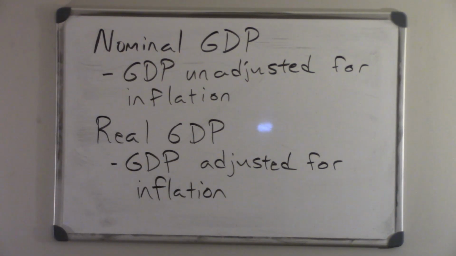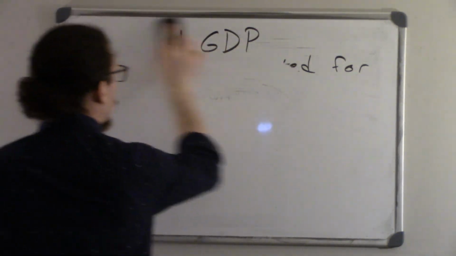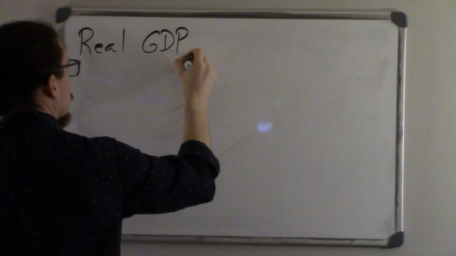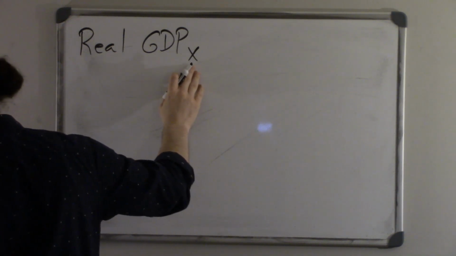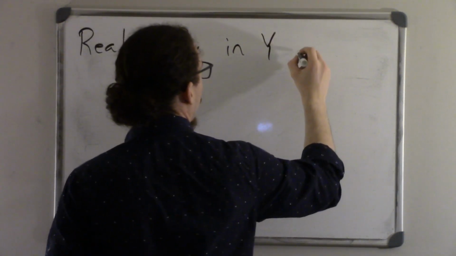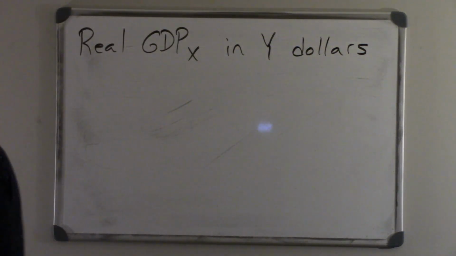All right, so let's look at calculating real GDP. So how do we adjust for inflation? The way we're going to do this when we are calculating real GDP is essentially calculating the real GDP for year X in Y dollars.